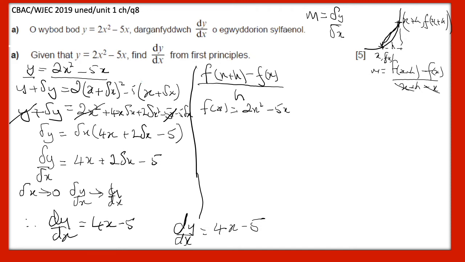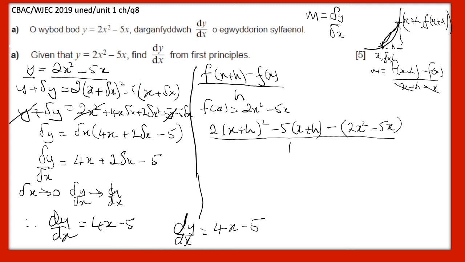So what I'm going to get here is 2 bracket x plus h all squared minus 5 bracket x plus h minus, I'm going to bracket this bit because there is a negative that will have to distribute, all divided by h.